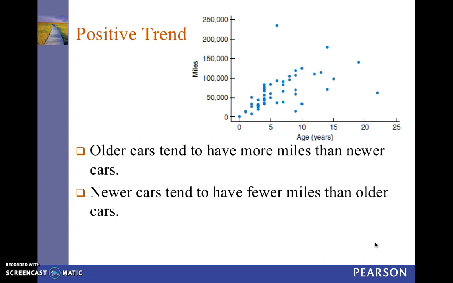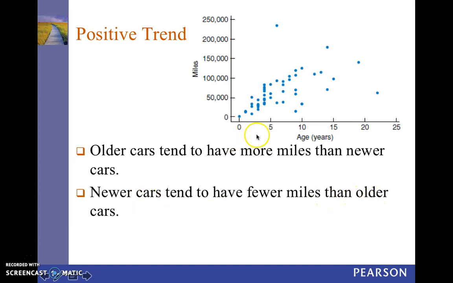So let's look at this graph here, which is showing a case where we have the age in years of cars. Each of these represents a car. On the x-axis, we have the age of the car, and on the y-axis, we have the miles driven. What this graph shows us is that older cars tend to have more miles than newer cars, and newer cars tend to have fewer miles than older cars.